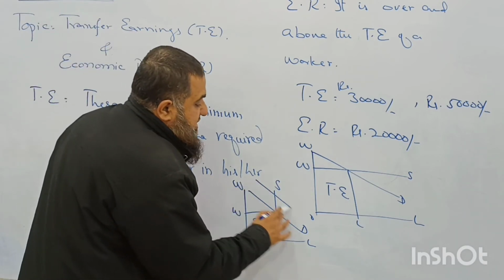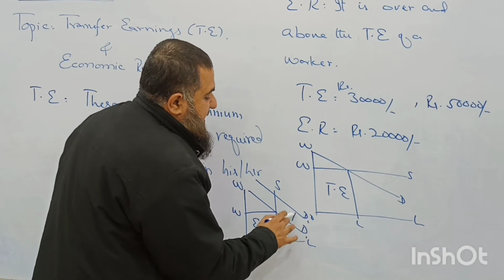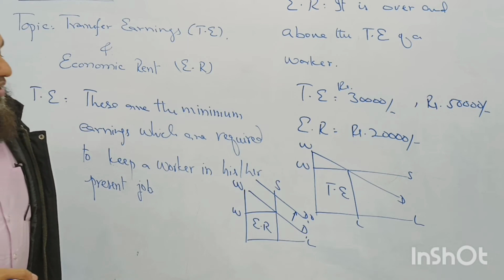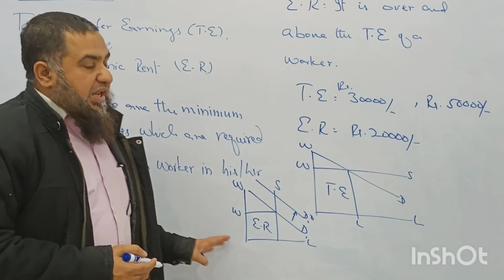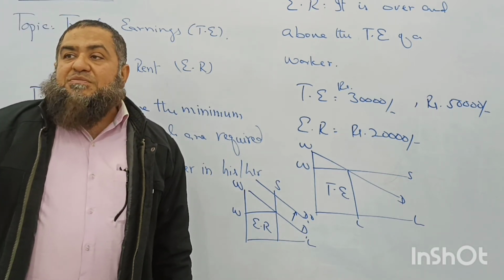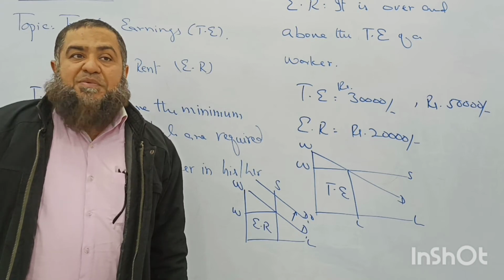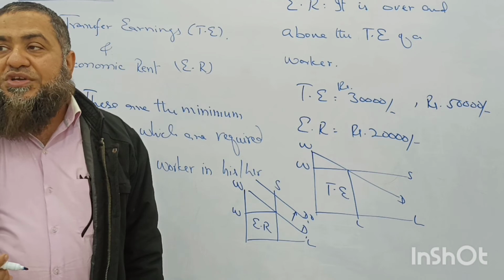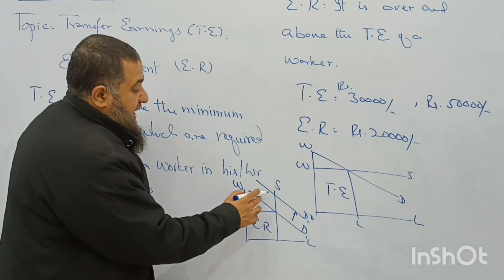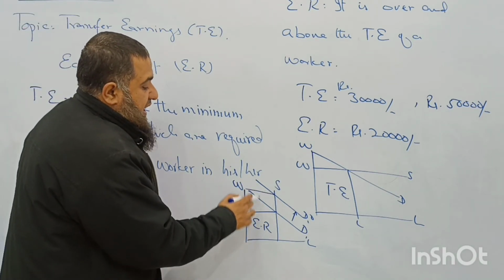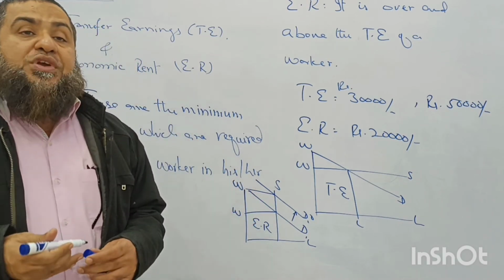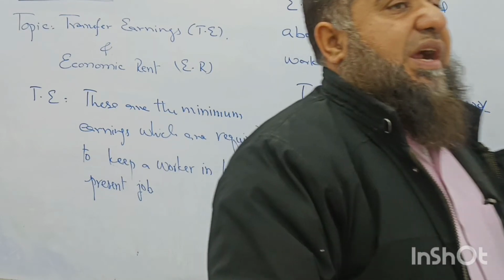As their demand is increasing in the domestic matches, or in the different premier leagues of football, as the demand for famous football players is increasing, what type of earning is he going to enjoy? The area between wages and the labor supply is becoming infinite, so they are going to earn economic rents.